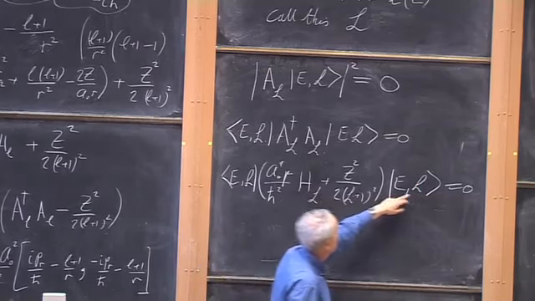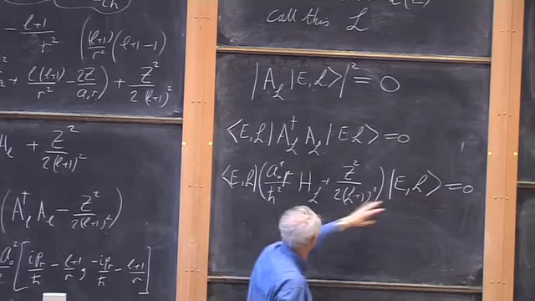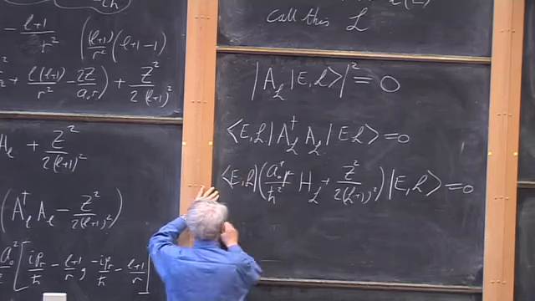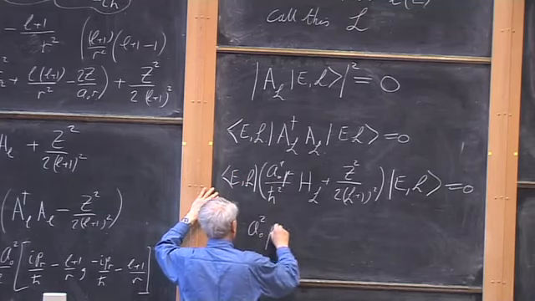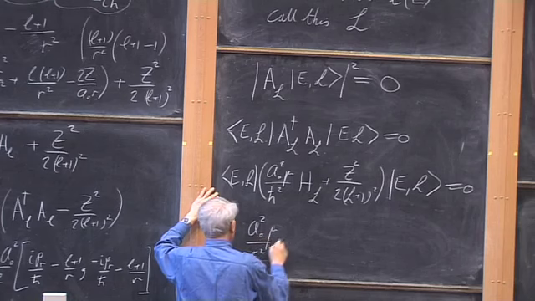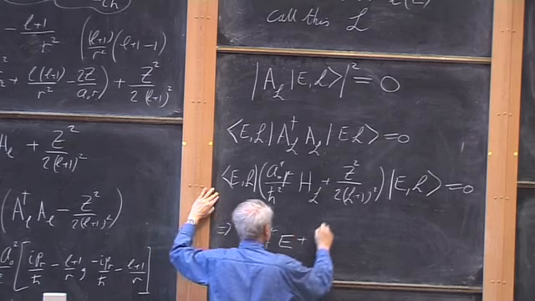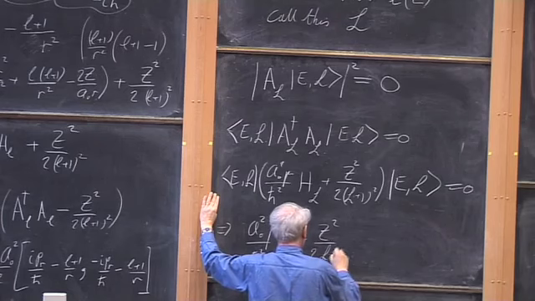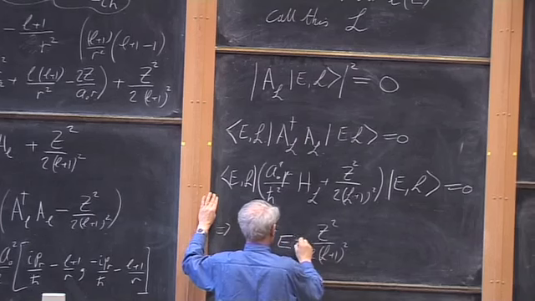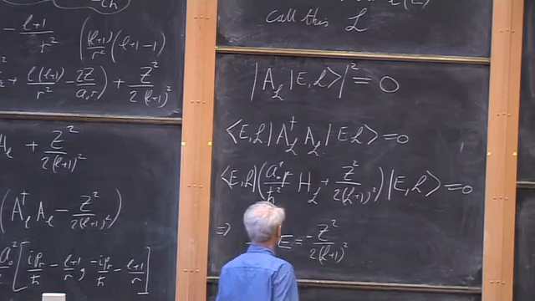This gives me E times this, and this is left over, and it bangs into this and makes a 1. So this implies that A naught squared mu over H bar squared, E plus Z squared over 2 curly L plus 1 squared, is nothing, or perhaps I should write this as equals minus.